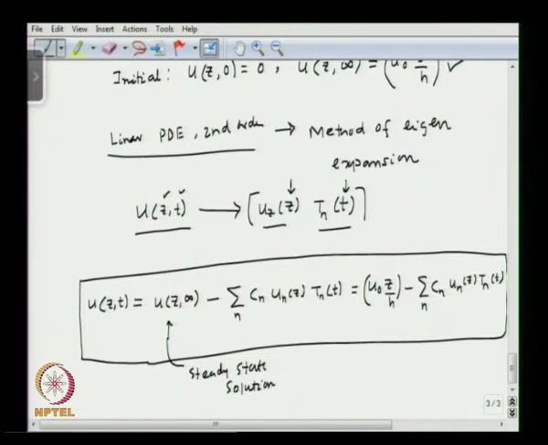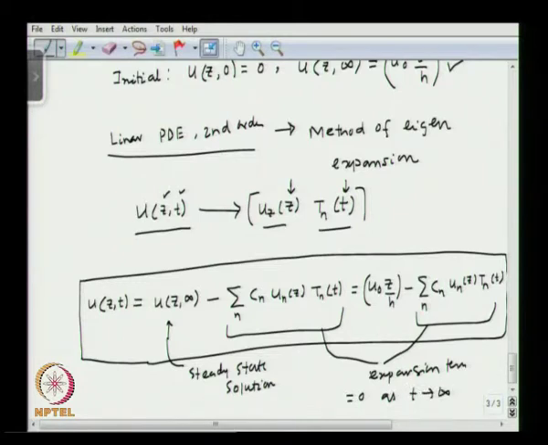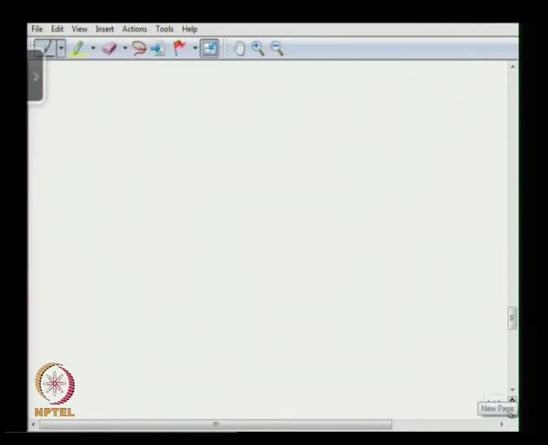What it means is that the expansion term here will vanish when t equal to infinity. These terms, the expansion terms, will be equal to 0 as t tends to infinity, and then we will have only the steady state solution. So the eigen expansion must vanish as t tends to infinity.